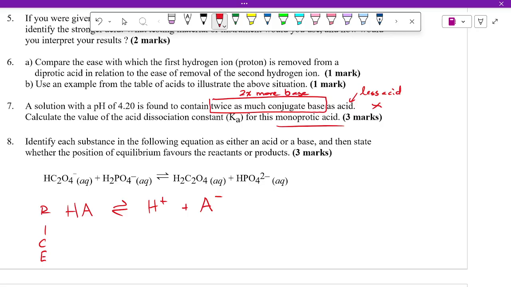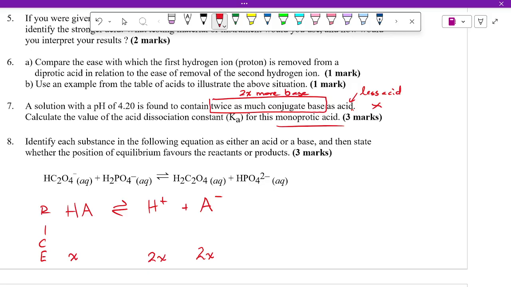And we have twice as much conjugate base as acid. So this is going to be 2X at equilibrium, and this is going to be X at equilibrium. And if A minus is 2X, then H is also 2X.